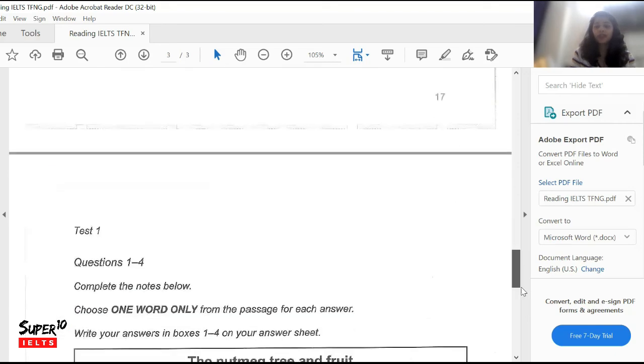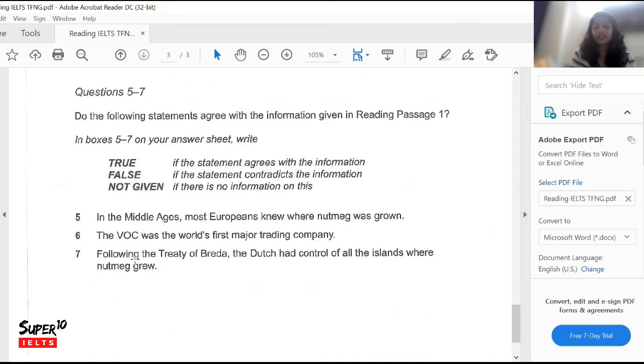So you have to understand if it is given in synonym ways or in a paraphrased way, you have to identify that. But you have to understand what the statement is saying in the question, and then what the statement is saying in your reading paragraph. If you understand the statement, then you will be able to identify. Do not overthink this. Just understand each statement and you will be able to identify your answers.